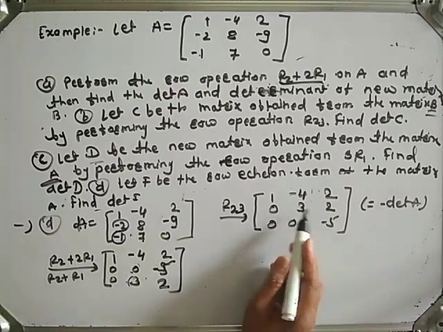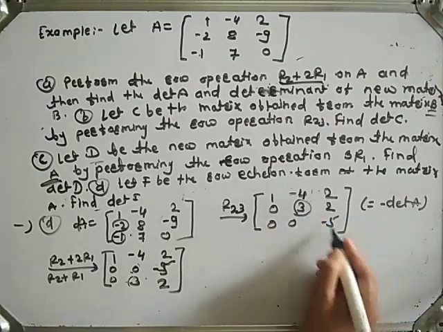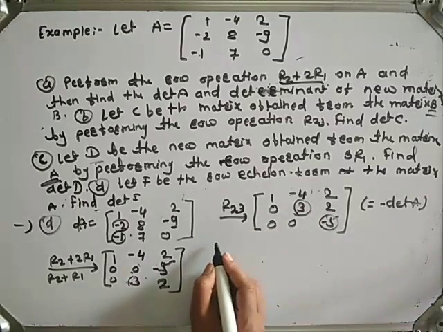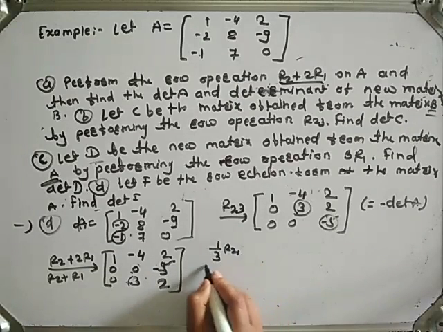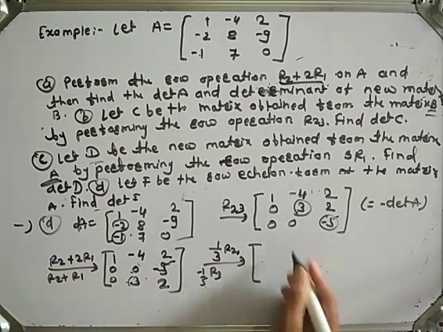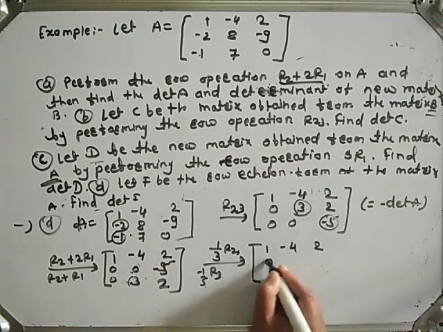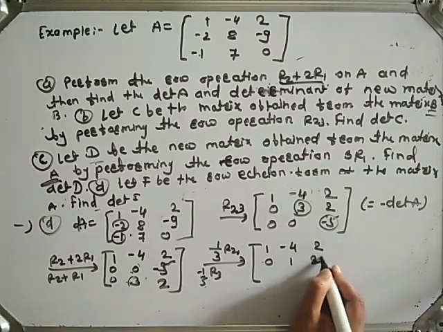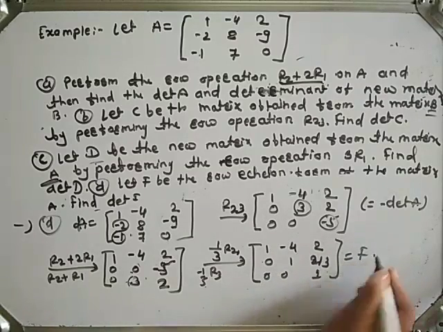For row echelon form, we need a 1 here and also here, so we perform row operations 1/3 into R2 and 1/5 into R3. Our new matrix will be 1, -4, 2; 0, 1, 2/3; 0, 0, 1. This is our matrix F.